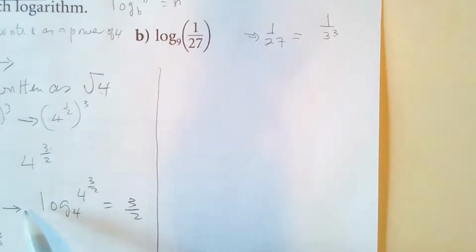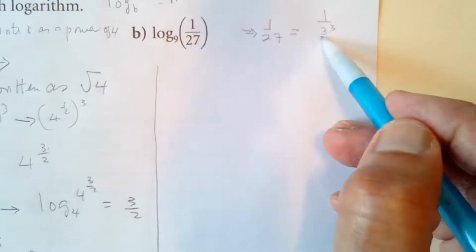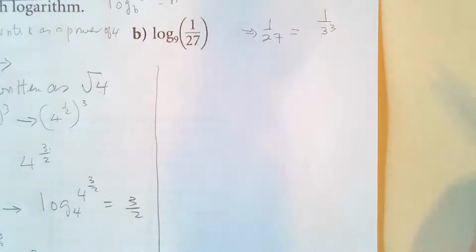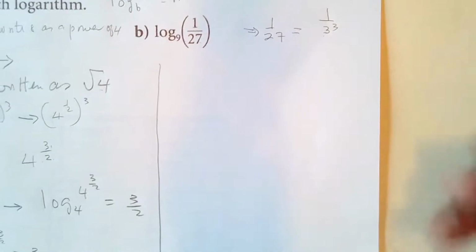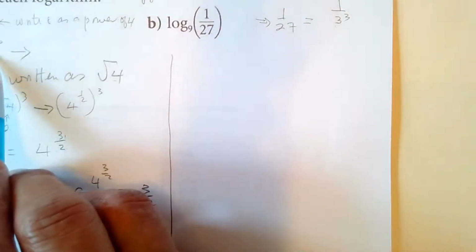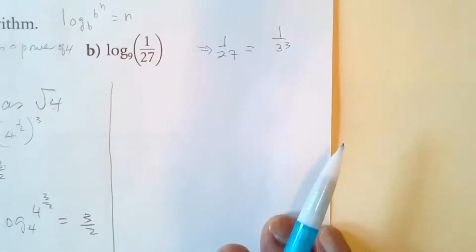And we apply the same principle as we did on the previous question. We're going to write this 3 in another form, in this case as 9, the same way we wrote the 2 as the square root of 4. We will do the same thing here.